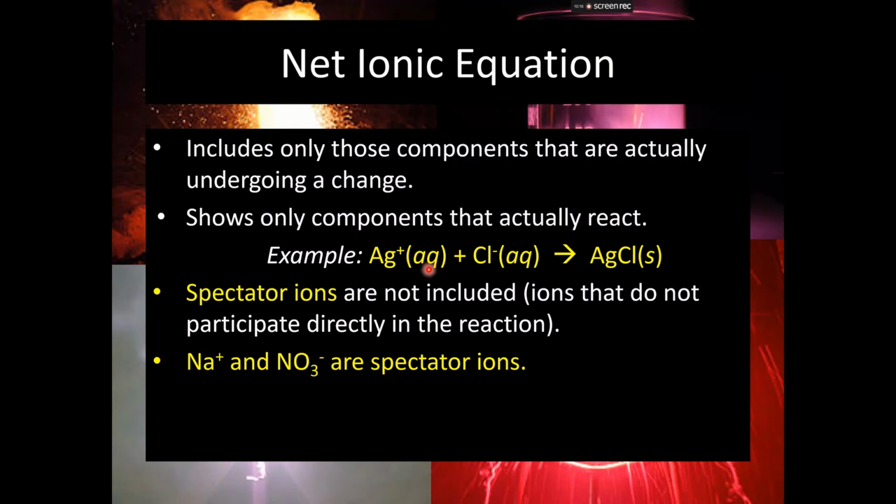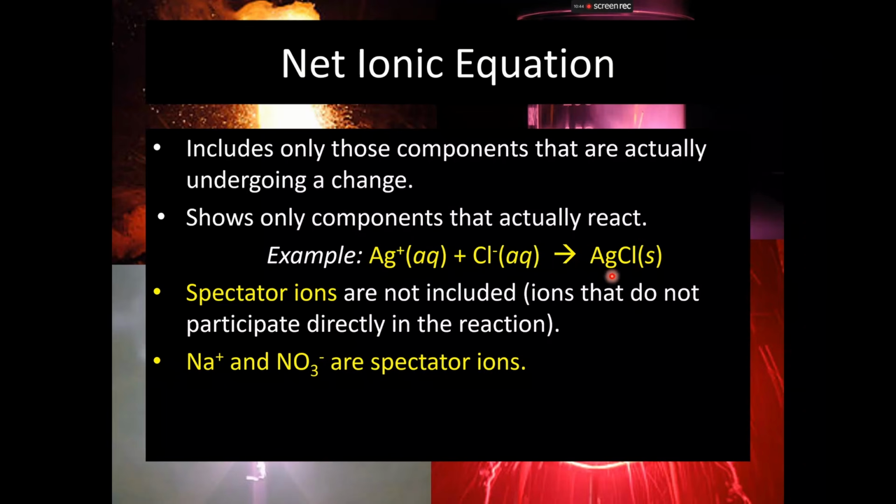We need an anion in an ionic compound to bring it in. So that's what the nitrate is for, and we call the nitrate a spectator ion. Spectator ions are not included in the net ionic equation because they do not directly participate in the reaction. The two ions that are actually reacting with each other are the silver ion and the chloride ion to make the silver chloride.